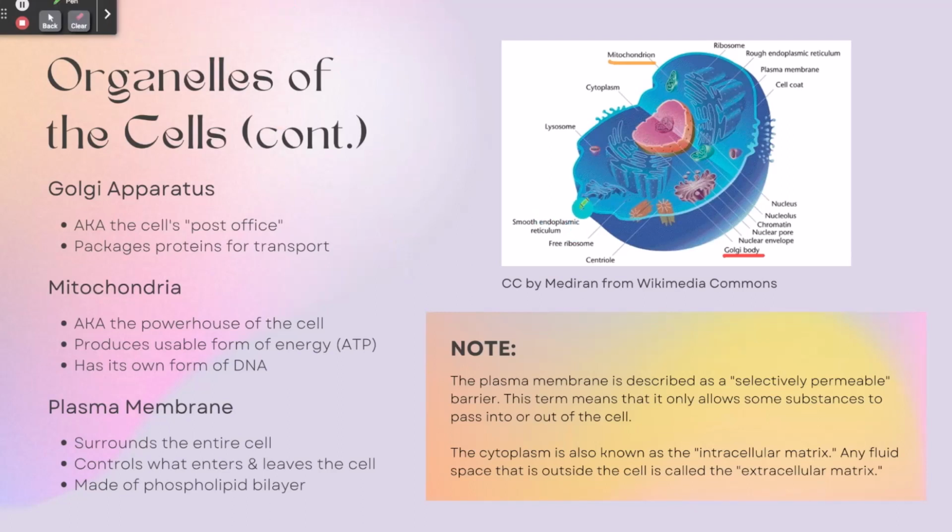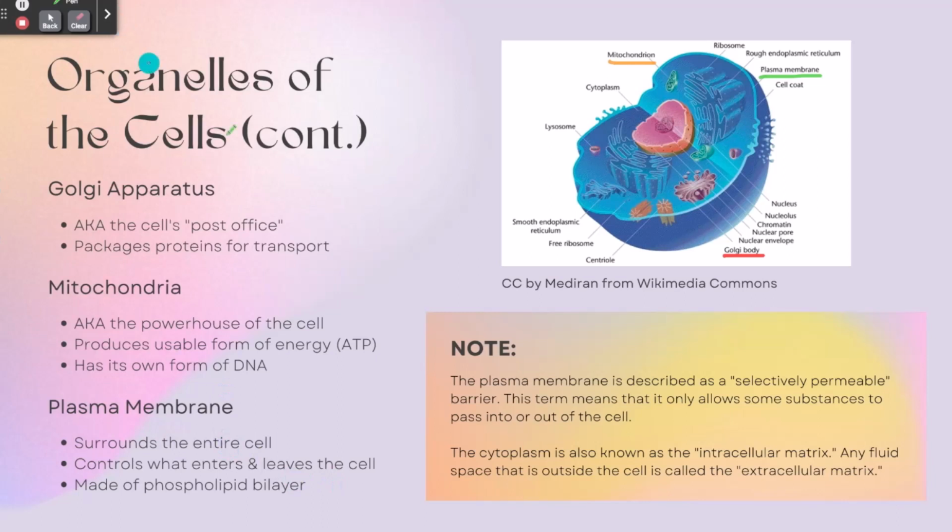We also have the plasma membrane, which is right here, in which, if we remember back in the macromolecules section, it is the outside part of the cell. So here I've put that it surrounds the entire cell, and it controls what enters and leaves the cell. And the reason why is because it has that phospholipid bilayer.